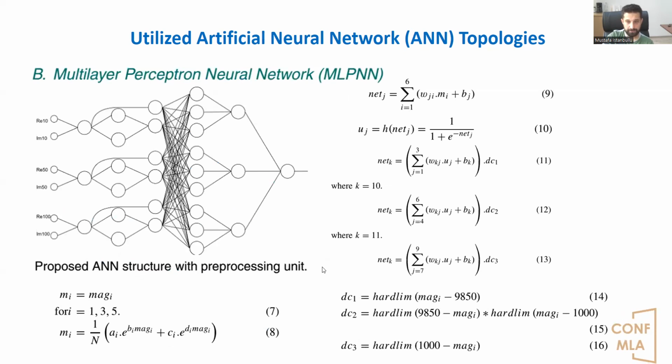In the second part of the topology, the neural network topology, the correlation step takes place in order to realize the mapping from inputs to outputs. The backpropagation learning algorithm of the MLPNN, multi-layer perceptron neural network, is implemented in the second part. Although the stages are connected sequentially, they are actually trained independently.